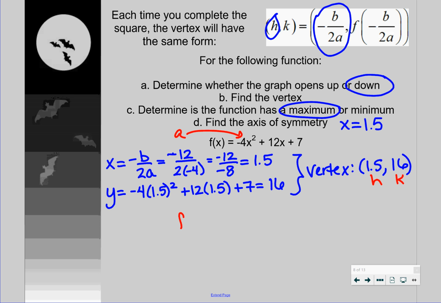I can kind of roundabout skip completing the square if I do this. I can say this function is negative 4 times (x minus 1.5) squared plus 16. I just have to plug in my a, h, and k once I found it using this instead. Okay? So that's kind of nice if you get stuck or you want to check your answer or you just don't want to complete the square. And we will stop there for today.